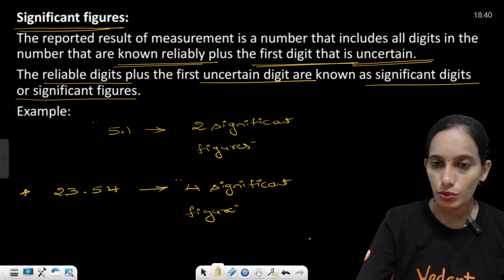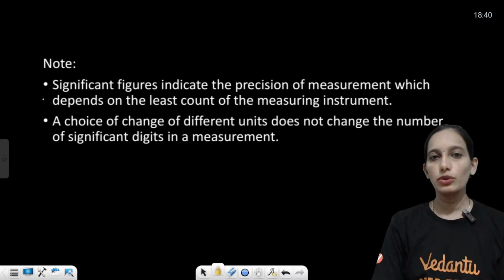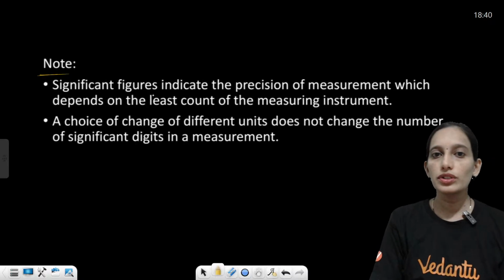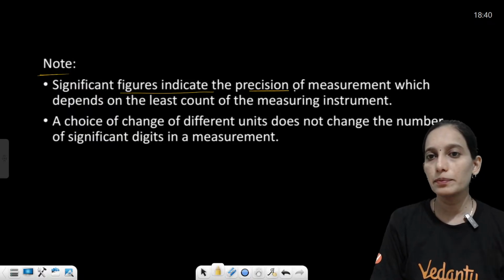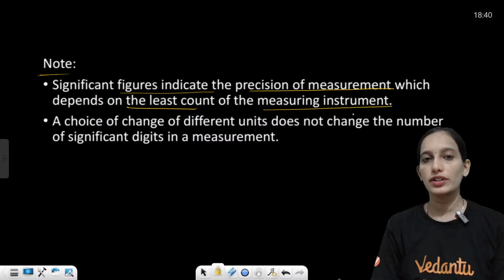Moving ahead, there's one note I wanted to tell you in terms of significant figures. Significant figures indicate the precision of a measurement, which depends on the least count of your measuring instrument.